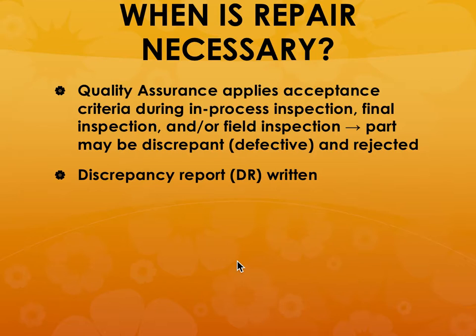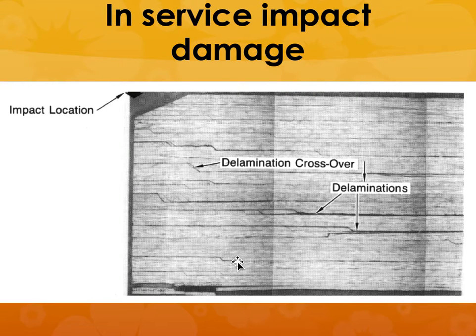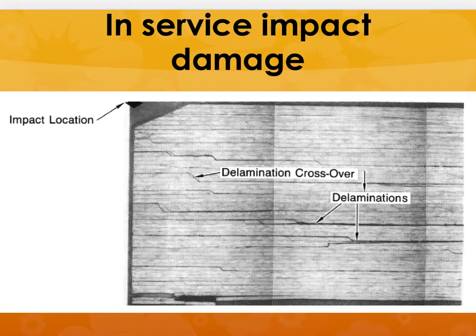In this case, you would write what is called a discrepancy report from what is required to what you are observing. In service impact, especially if there is a low velocity impact, there can be delaminations introduced into the structure, and these delaminations can grow as a result of number of cycles and can damage the entire structure.